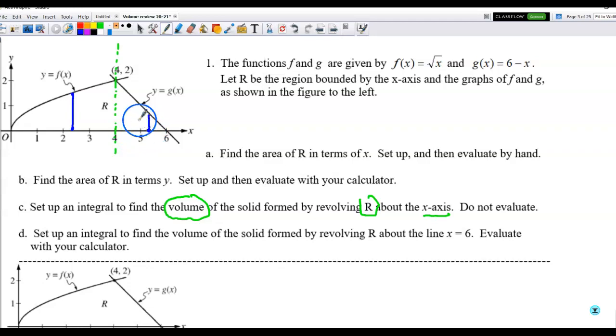So even with this volume problem, we're going to have to set up two integrals, one for this region right here, and then a separate integral for this region right here, but we are finding volume. So we're going to have our pi.